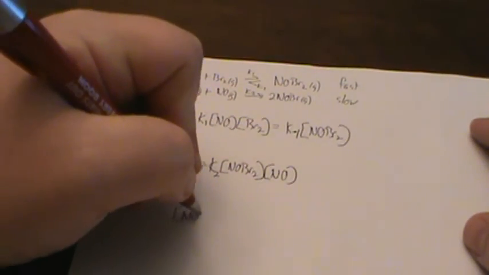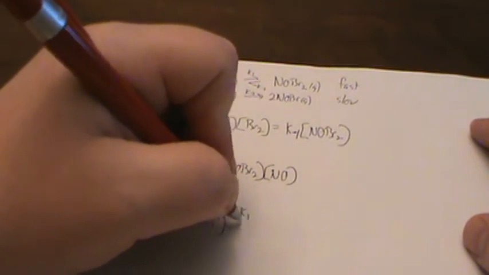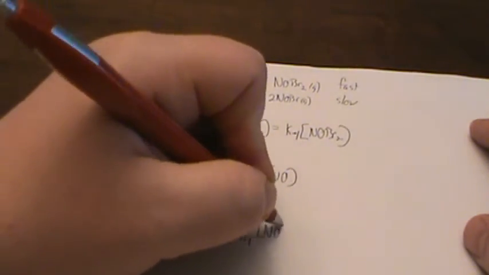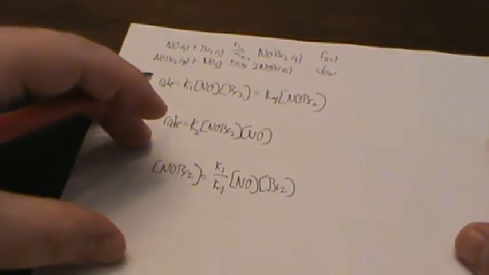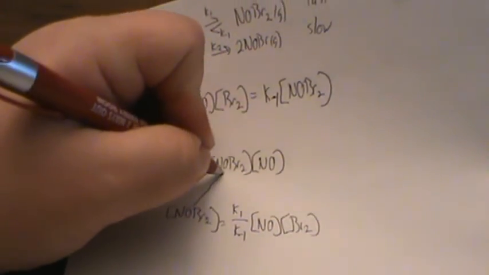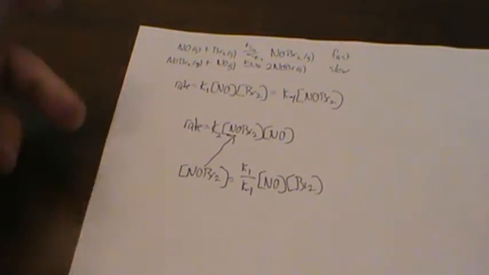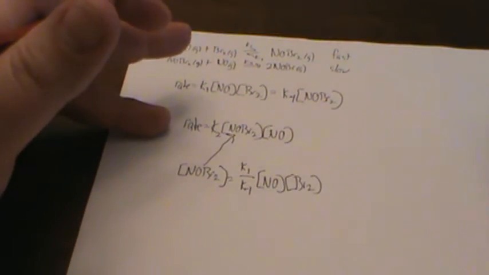The concentration of NOBr2 would equal K1 over K negative 1 times the concentration of NO times the concentration of Br2. And we're going to plug that into our rate determining step, or the rate of the reaction formula from our second reaction.